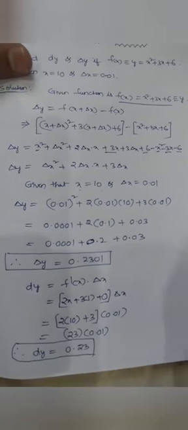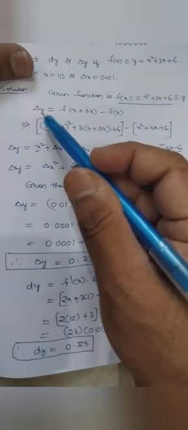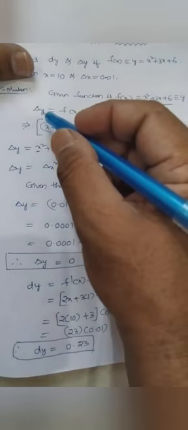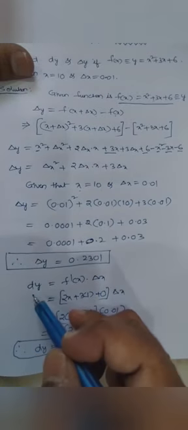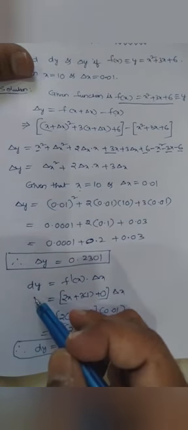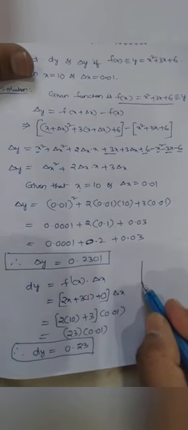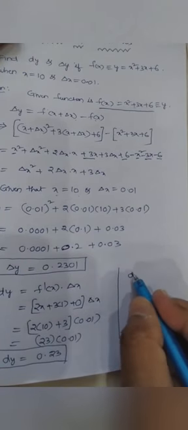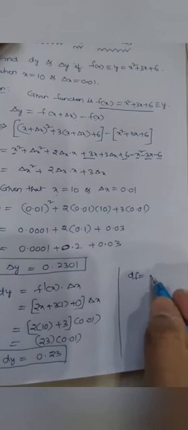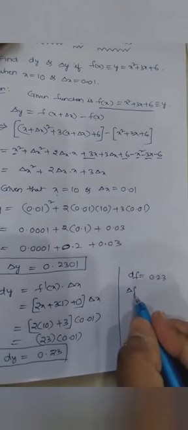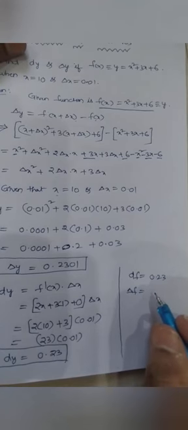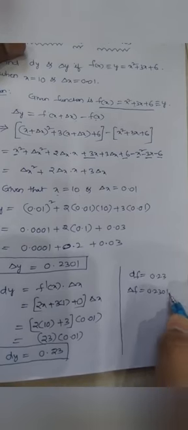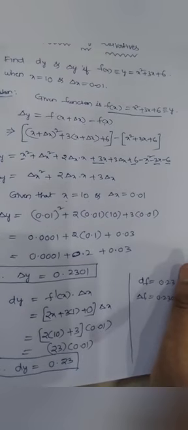In this also we will apply the same cases, because delta y can be represented as delta f and dy can be represented also as df. So whenever he asks to find df and delta f, the df value is the same 0.23 and the delta f value is 0.2301.